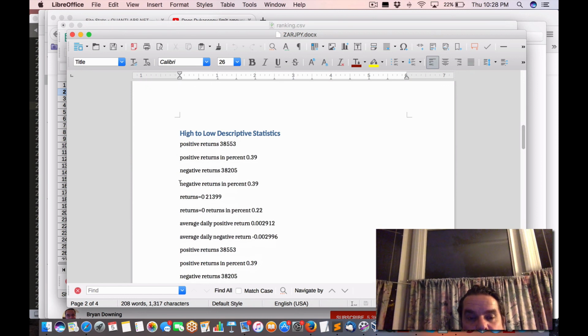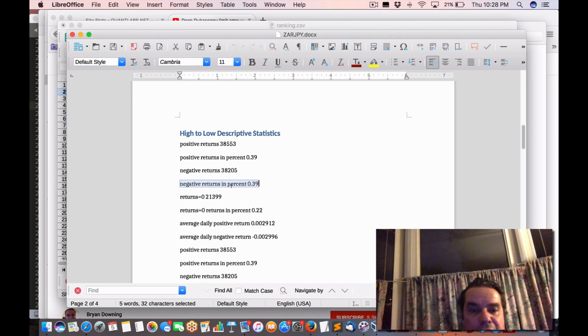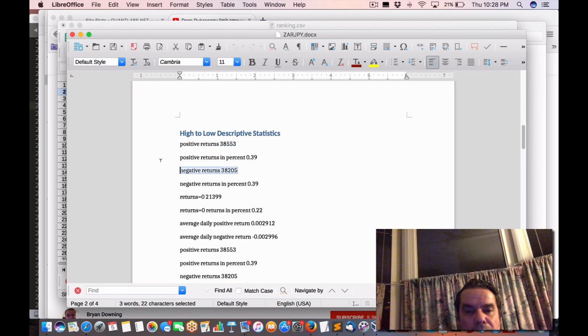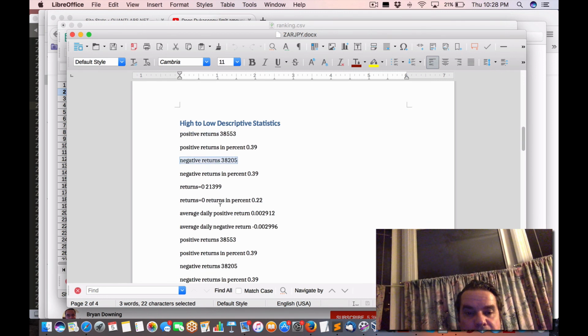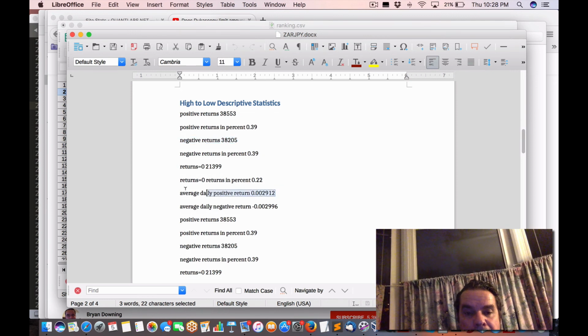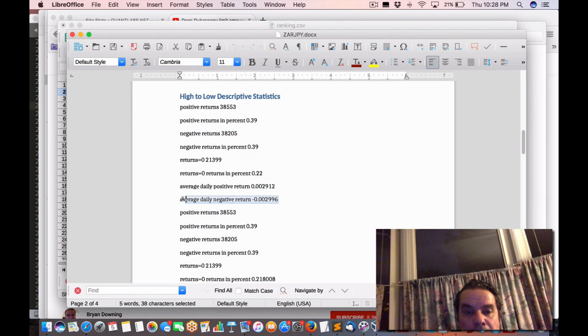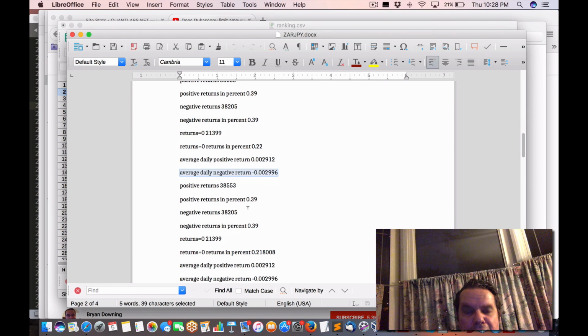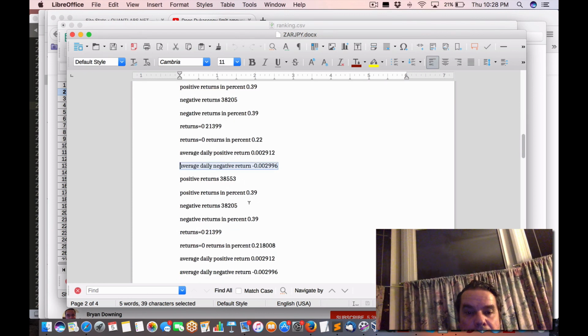But here is the negative versus positive returns, and the amount of returns that we're dealing with. As you can see, these are all end of day tick, I believe, of positive versus negative returns each day, average return, both positive and negative, and these are important for me.